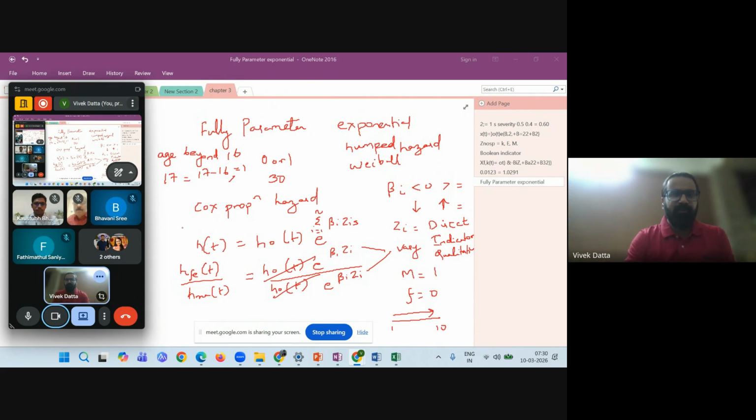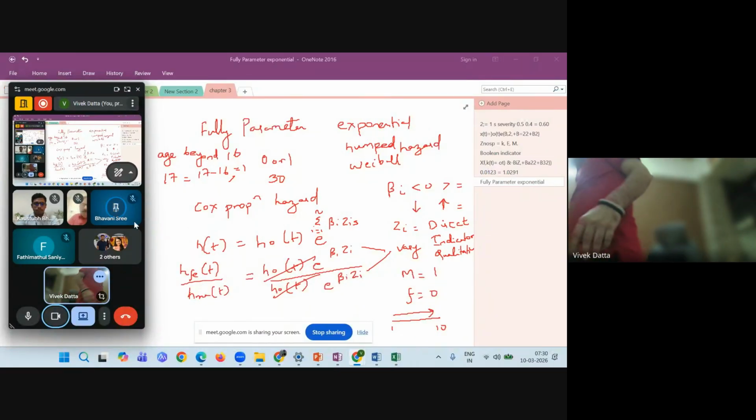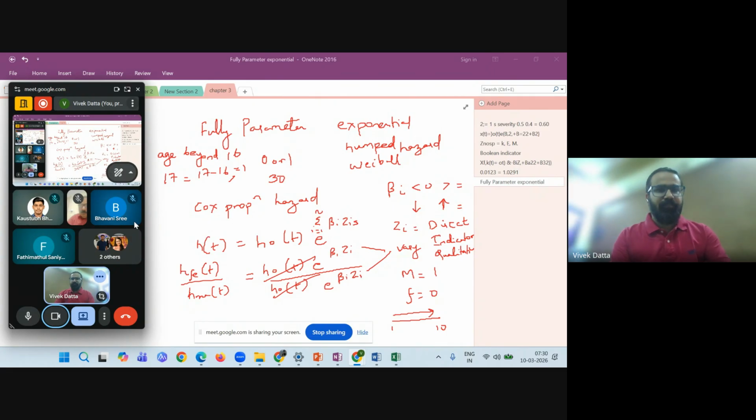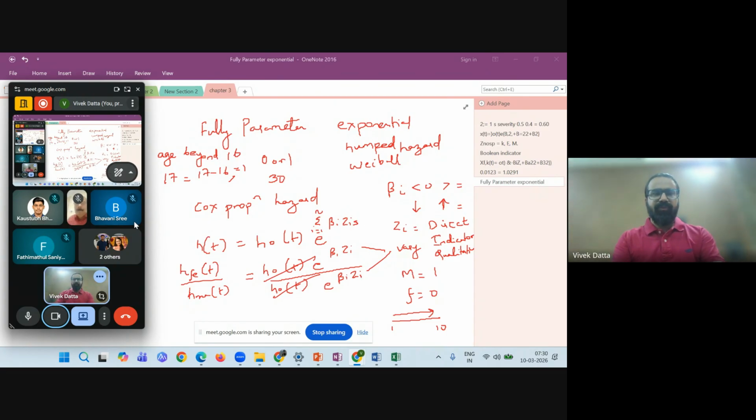Change the setting of the light. Better? Now.